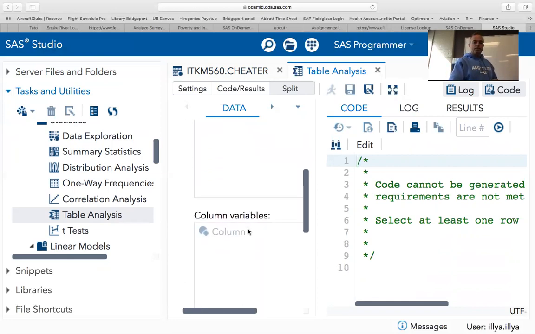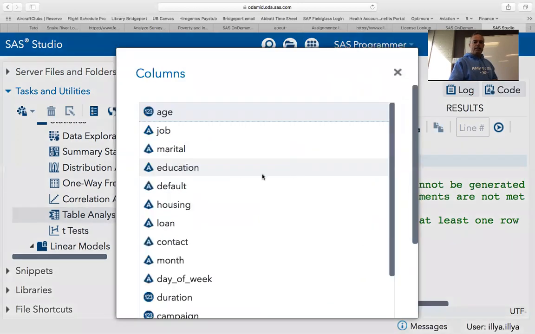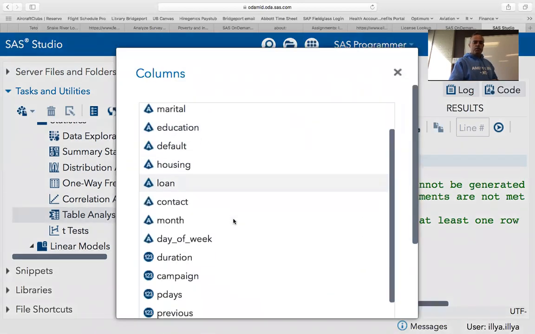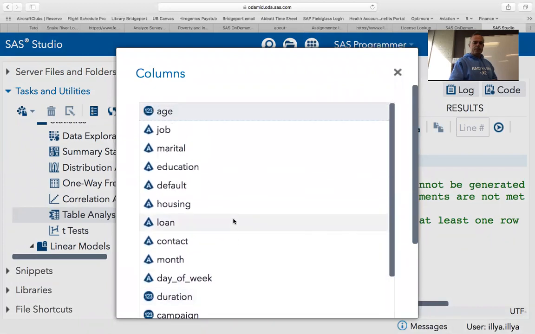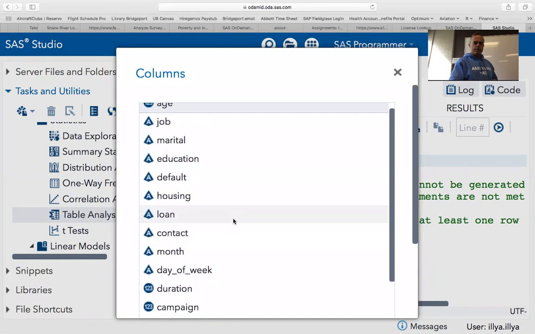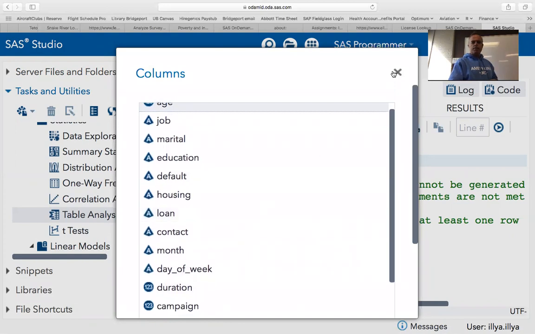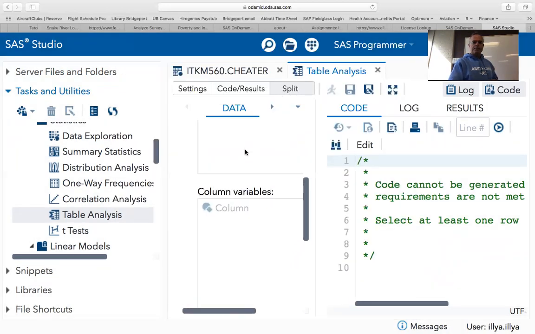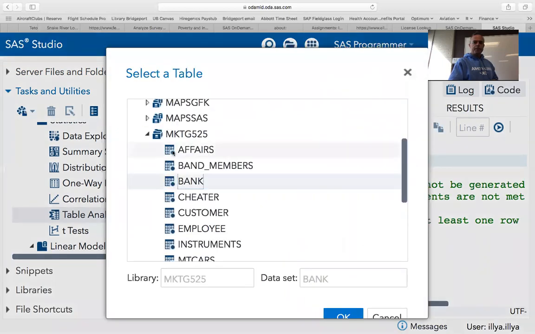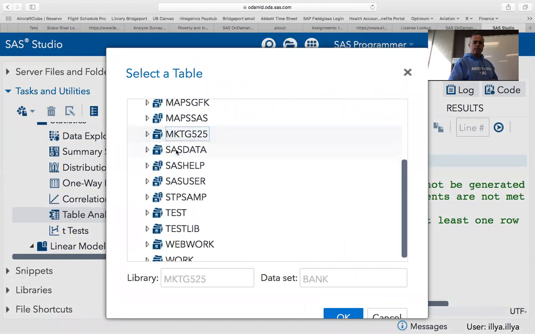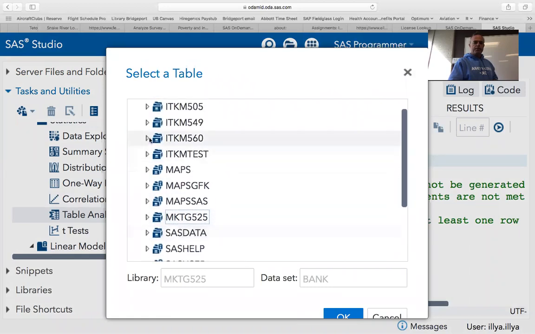Gender as columns. Okay, so I'm going to go to columns, hit the add sign, and I'm going to click on, where is gender? Oh, I don't have the right data set, sorry. You have to choose your data set. I'm going to go to my library 560.